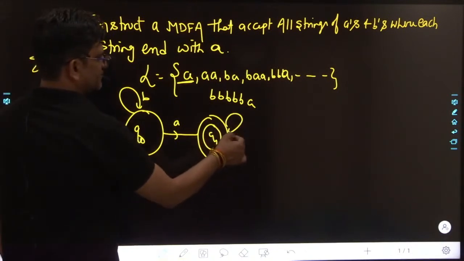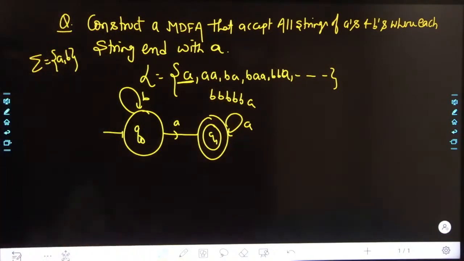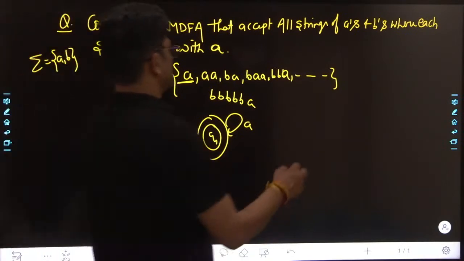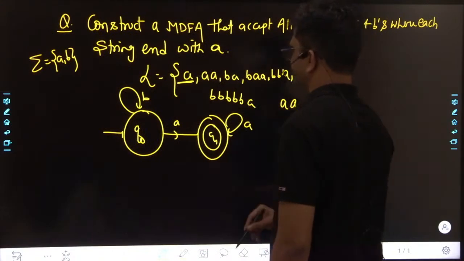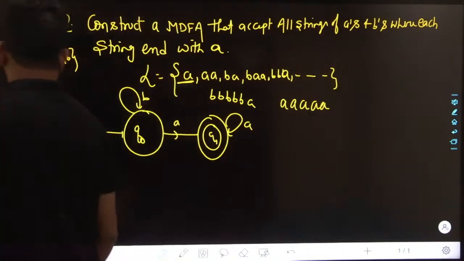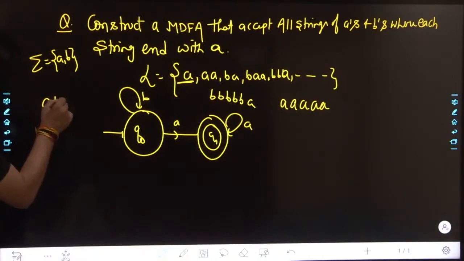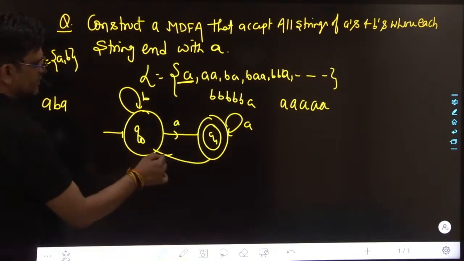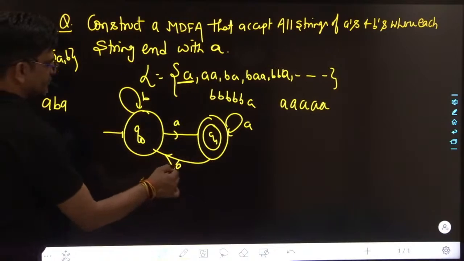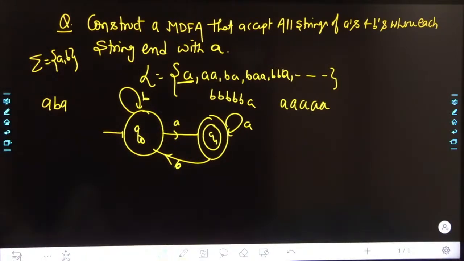Whenever A comes, it stays on the Q1 state. These strings are accepted, ending with A. Now, what about A, B, A? Whenever B comes on Q1, it goes to Q0. So check, this is the DFA for the given language.